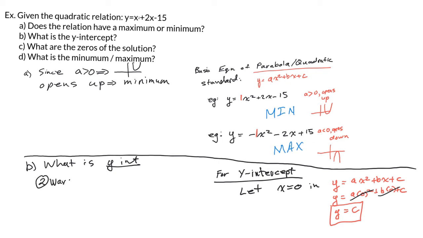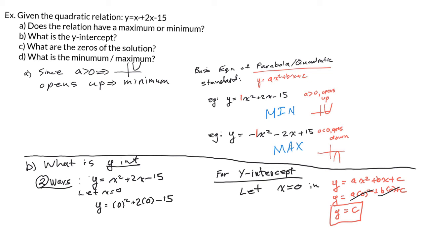Two ways. One, for y is equal to x squared plus 2x minus 15, we let x equal 0. So now you've got y is equal to 0 squared plus 2 times 0 minus 15, right?